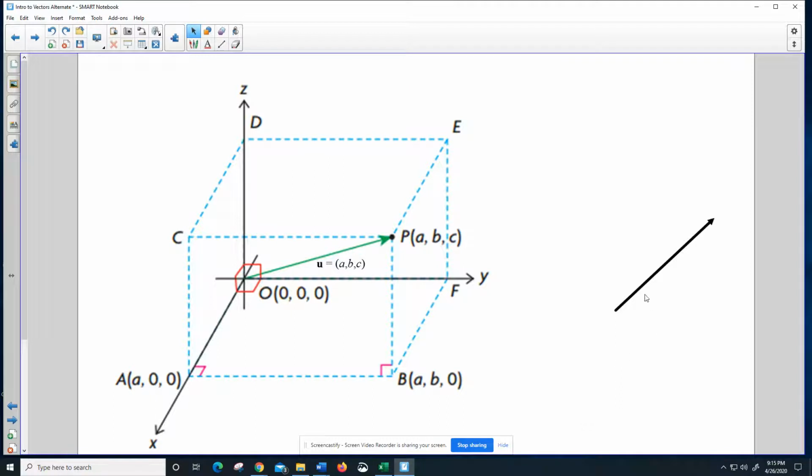If you want to add two vectors in 3D, now again, this is tough to see drawn on a two-dimensional surface. It would be much nicer to see it in person. But you can imagine that to find the x component of the resultant vector, I would add the x components of the individual vectors.